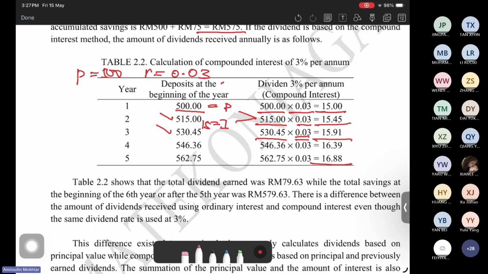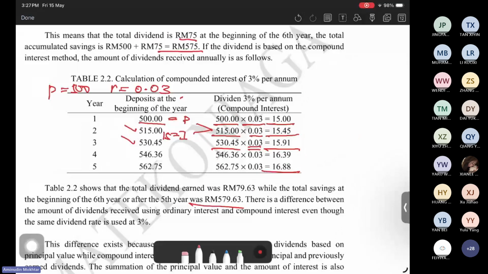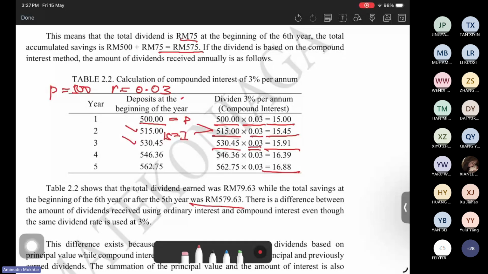So that is clearly you can see the difference between the amount of dividend received using ordinary and compound interest. In this case, after year 5, based on the compound interest, the total saving is 575, which is the total dividend is 79 ringgit and 63.